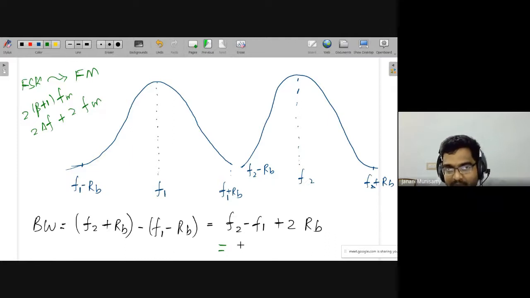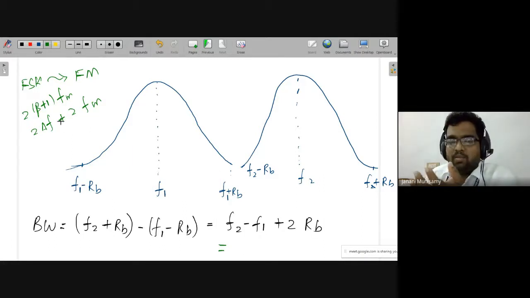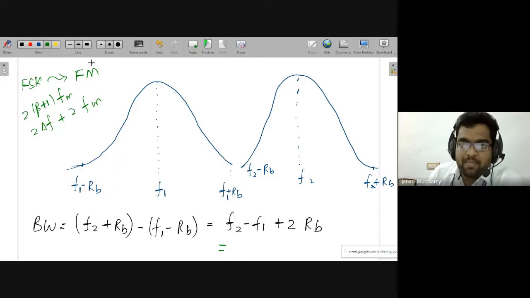F2 minus F1 is similar to del f, and instead of fm I have Rb. So you can remember it based on the FM equation. You can remember this formula straight away: F2 minus F1 plus 2 times Rb.